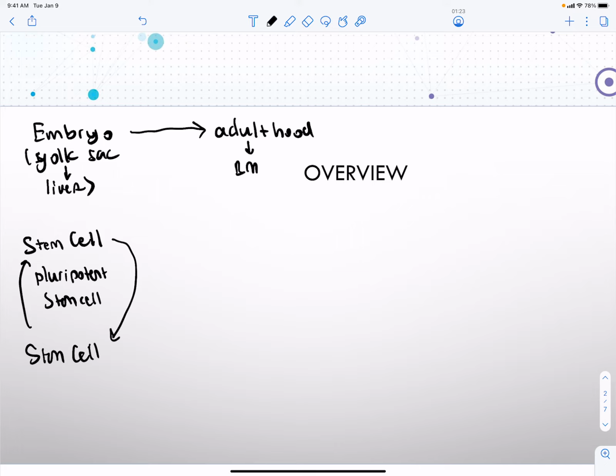So in essence, the stem cells can make themselves, they can make more stem cells. And then when the stem cells get some sort of signal, the signal is going to be outside telling the stem cells what kind of cells they need.